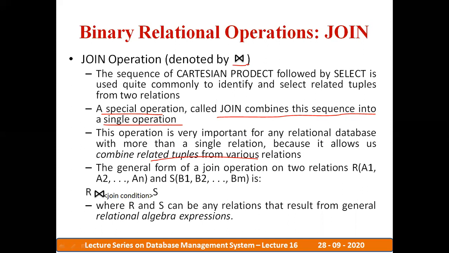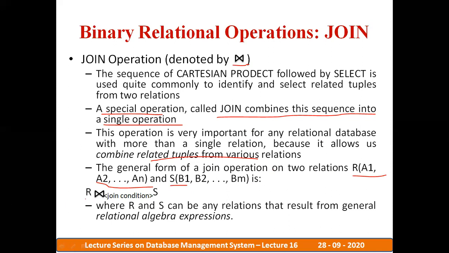So why is join used? The join is used to combine the related tuples from the tables that are involved in a relationship. The general form of a join operation on two relations: one relation named R having the attributes A1, A2, ..., AN, and another relation S having the attributes B1, B2, ..., BM.